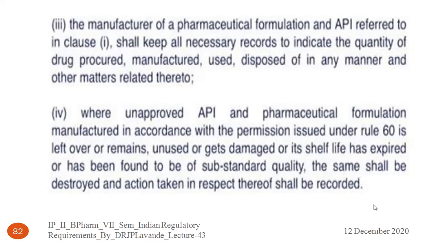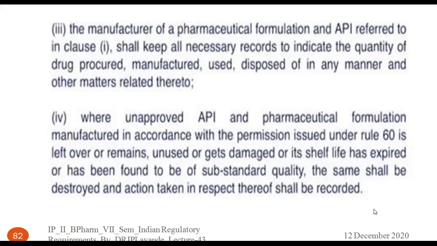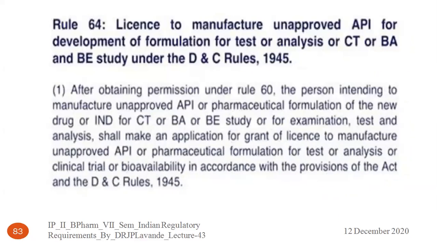So if it has been found that the quality is not good, that it is substandard or spurious, then it should be destroyed and the actions need to be recorded.